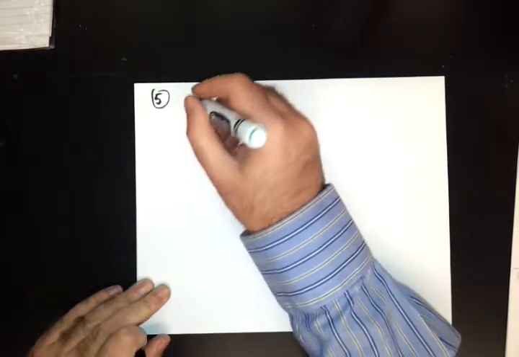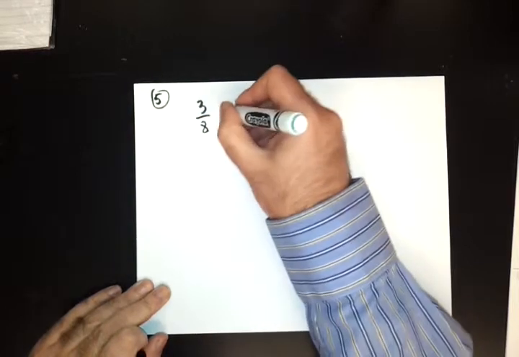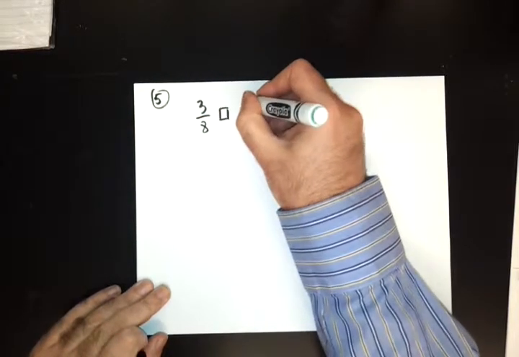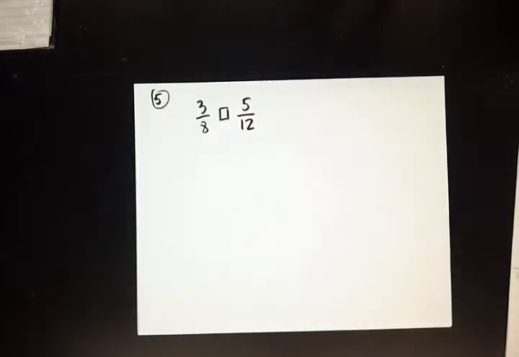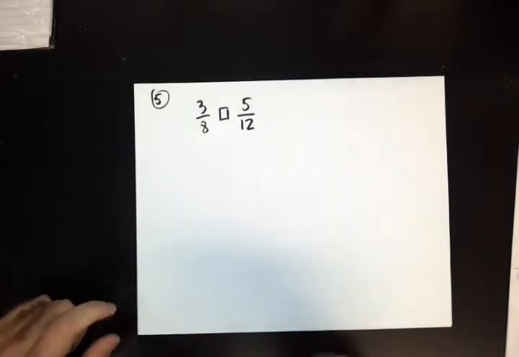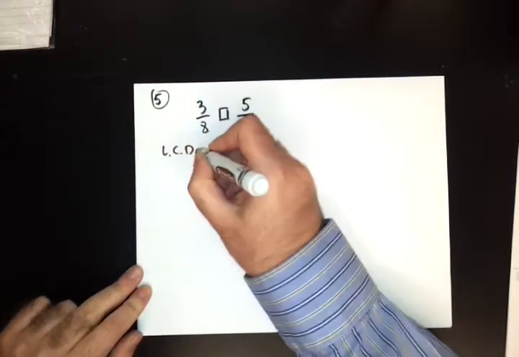Again, it's a comparison problem. We have 3 over 8 compared with 5 over 12. Here, I'm not going to use method 1 because the denominators are a bit bigger and I know I can get a smaller denominator. So I'm going to use method 2 here and find my LCD.